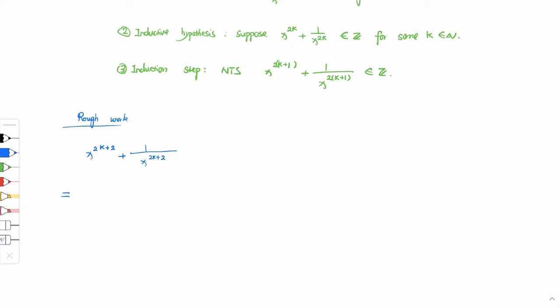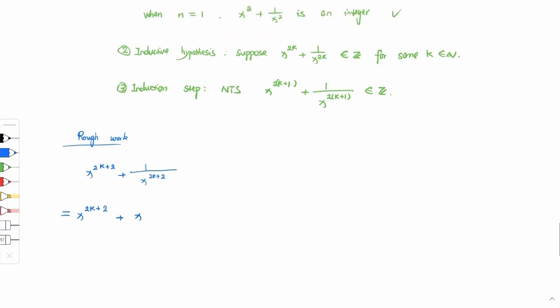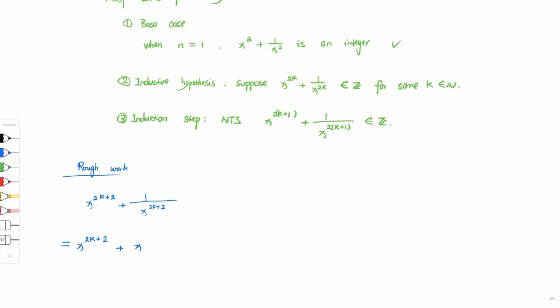So I want to use x to the 2k plus 2. I want to add a number and then subtract a number. We know information about x to the 2k, and we know information about this one. If you multiply them together, that's going to give you 2k plus 2.